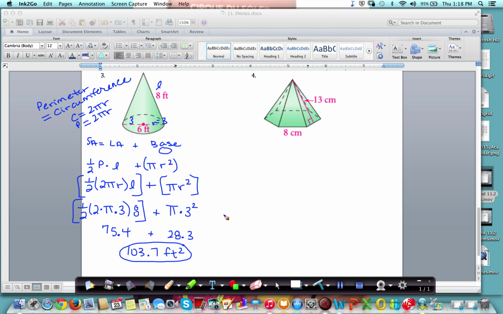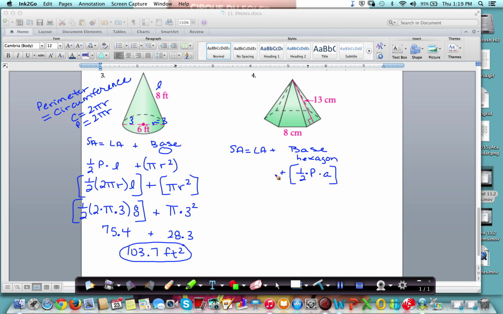All right, the last one is probably the most challenging, again, because it's one of those bases that is difficult to find the area of. So surface area equals lateral area, I should say. Lateral area plus the base, and the base is a hexagon. So that means I need 1/2 perimeter times the apothem.